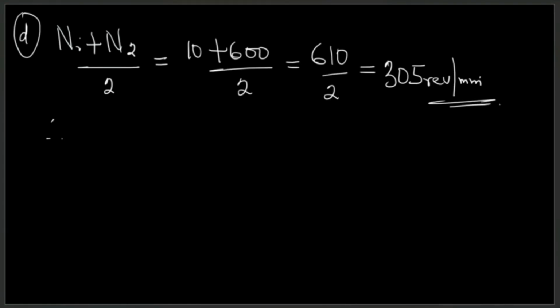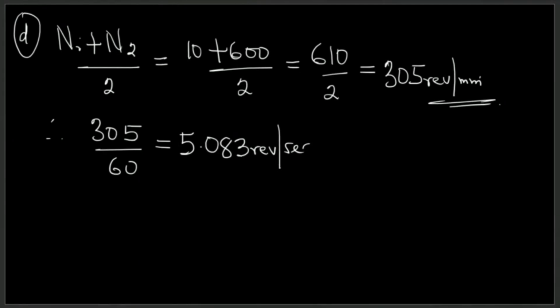Now let's convert this to revolutions per second. So you divide by 60, right? So 305 divided by 60 is going to give us what? Yes, 5.083. So this is 5.083 rev per second. The question says, let me read from here, you have to determine the number of revolutions during 4 seconds.